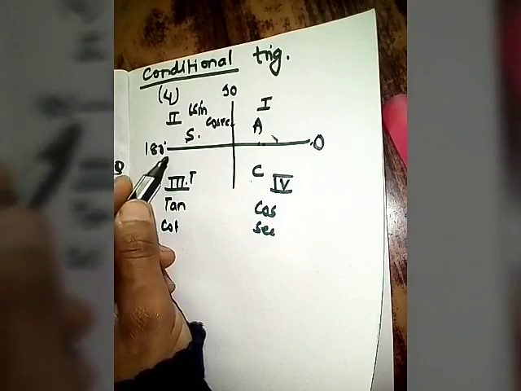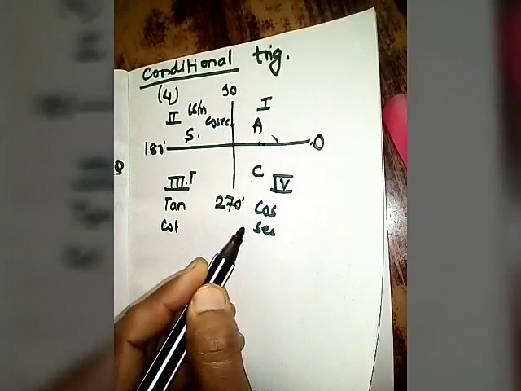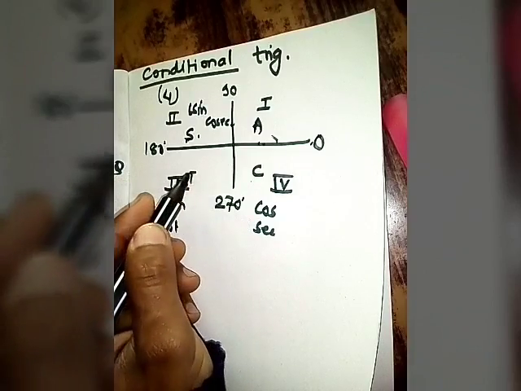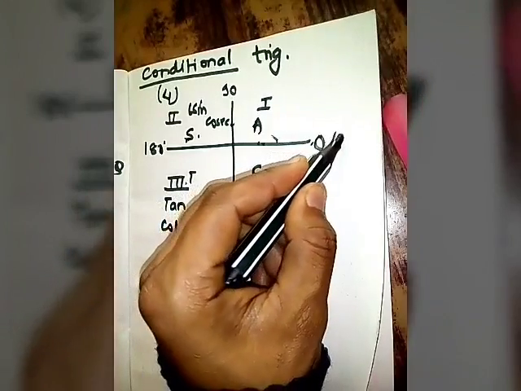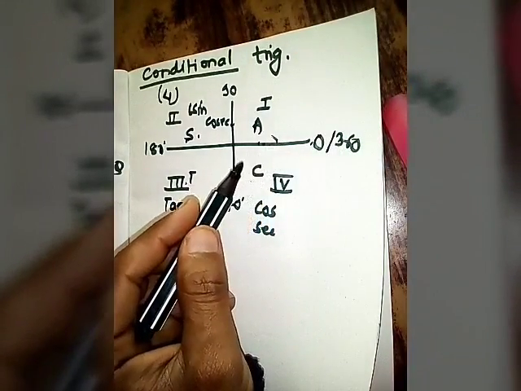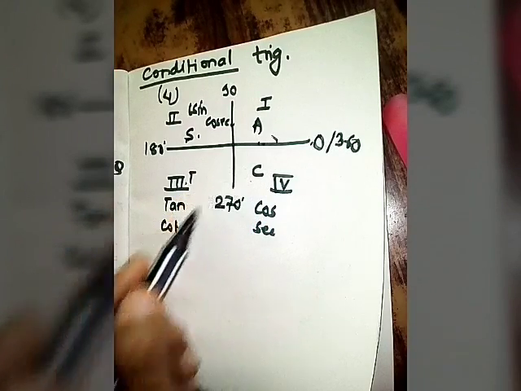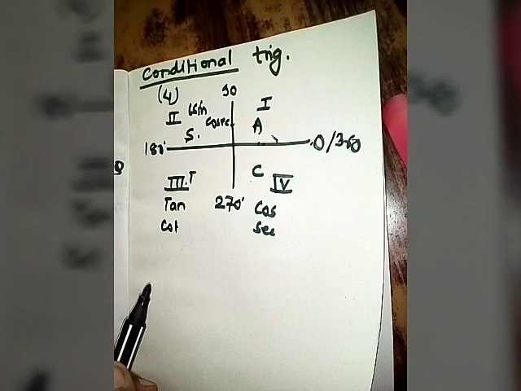The angle between 180 and 270 degree lies in the third quadrant, and the angle between 270 and 360 lies in the fourth quadrant. Here we don't have to deal with angles greater than 360, that is in the case of class 9, so I won't talk about that now.